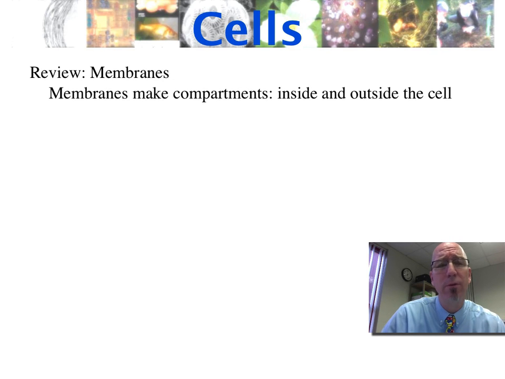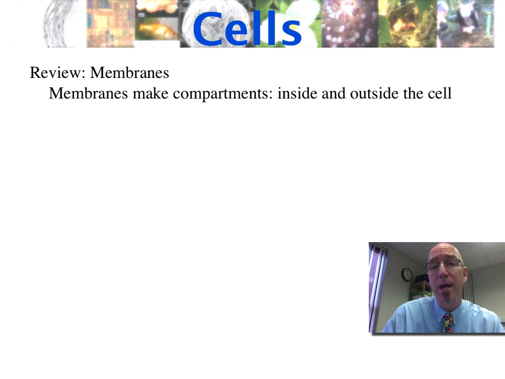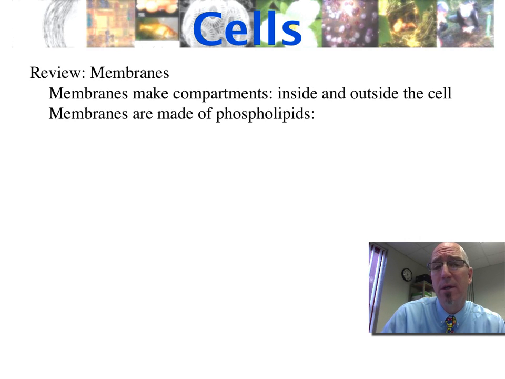Okay, so just a quick review. Membranes have components, mostly phospholipids, fatty acid tail, polar head, and they're surrounding a cell, but they're also around structures inside of cells. We have the hydrophilic, which are the water-loving ends.